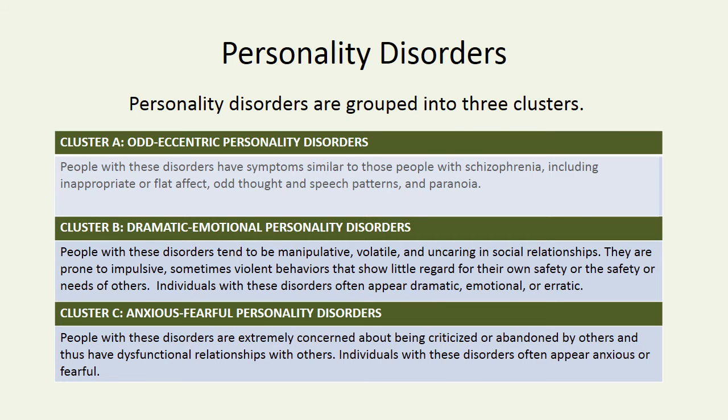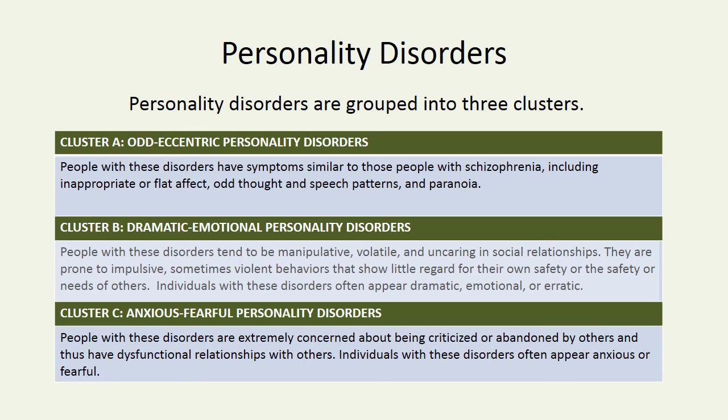I created this chart with brief descriptions of each cluster of personality disorders to help you get a sense of the diagnoses under them. As I read them, notice the qualitative differences between the clusters. In Cluster A, people with these disorders have symptoms similar to people with schizophrenia, including inappropriate or flat affect, odd thought and speech patterns, and paranoia. Under Cluster B, people with these disorders tend to be manipulative, volatile, and uncaring in social relationships.